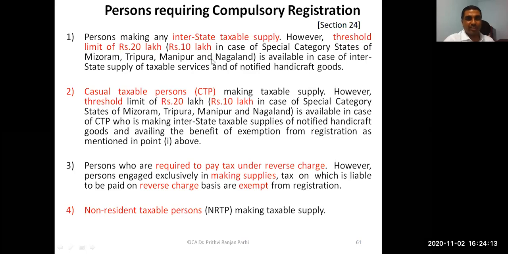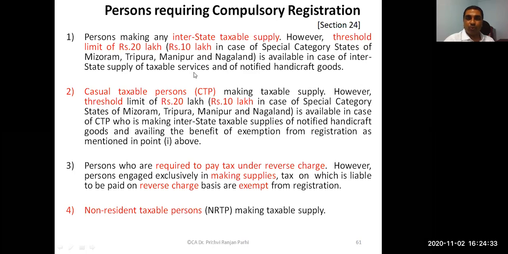These 4 states are important for us. Many times we will be reading these. So interstate supplies are liable for registration, but the exception is the threshold limit of 20 lakh and 10 lakh in different states.